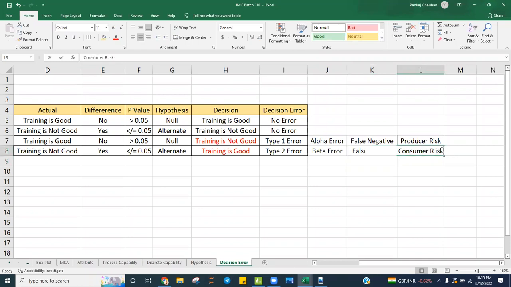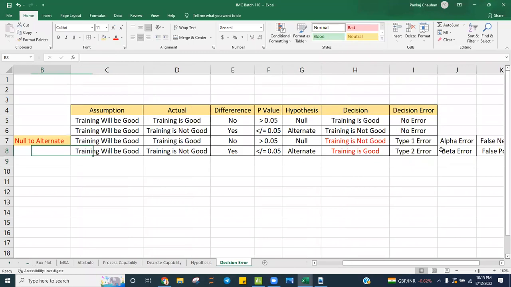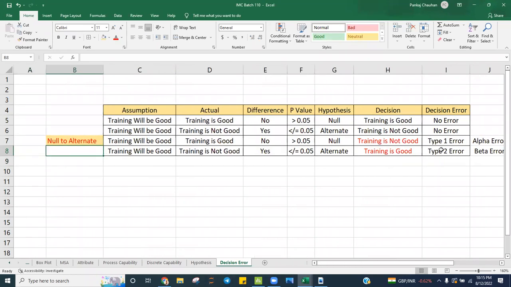So these are the ways we define the incorrect decision when statistics is not in sync with the practical. So in short, if actually it is an alternate hypothesis, but you are telling this as a null hypothesis, then this is a type 2 error or the beta error. These are the decision errors you will be taking.